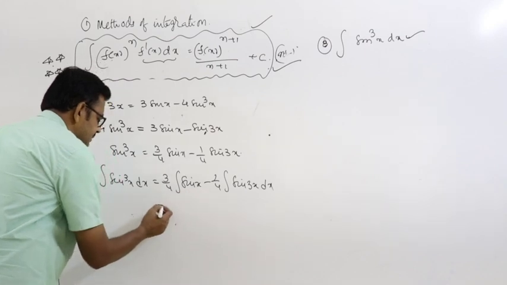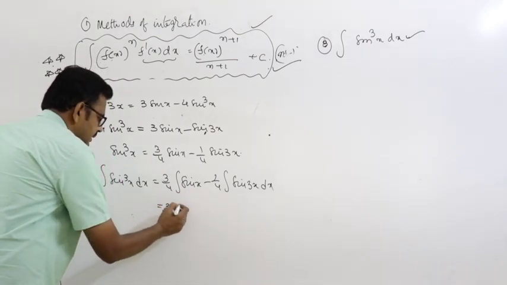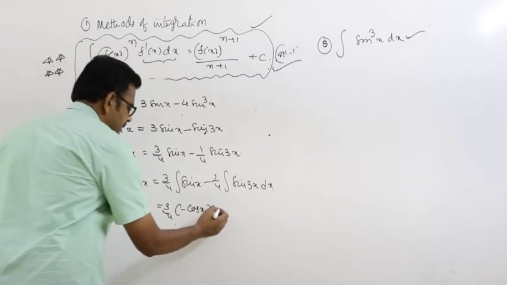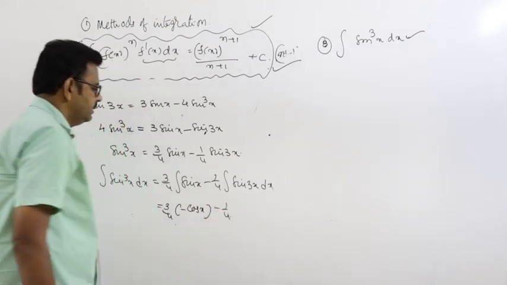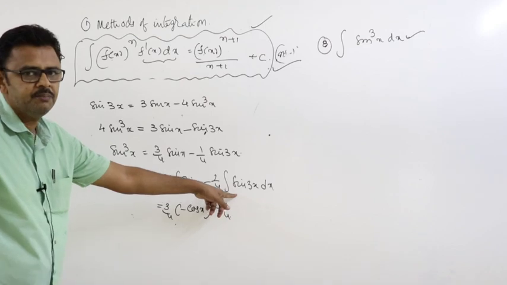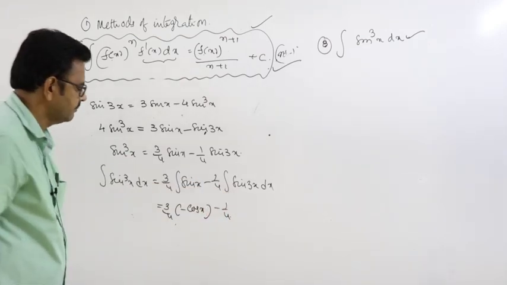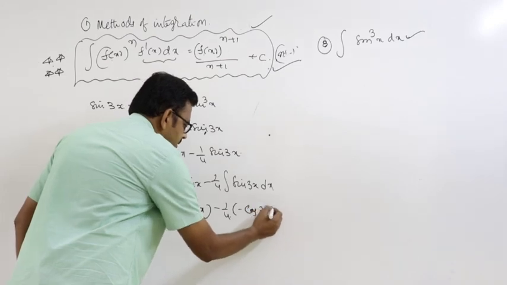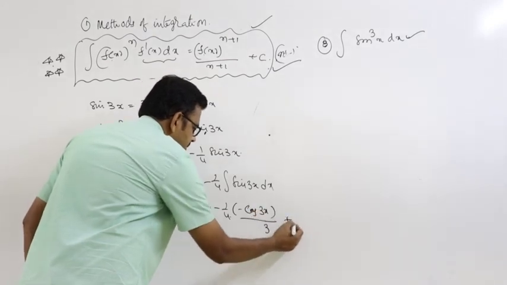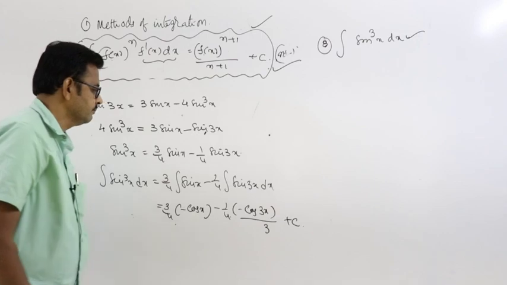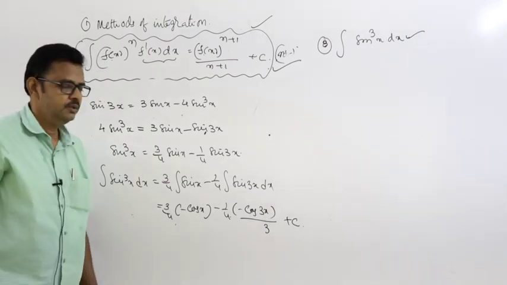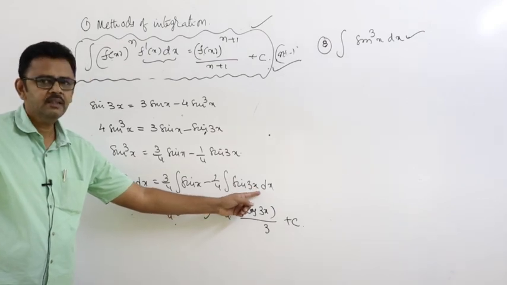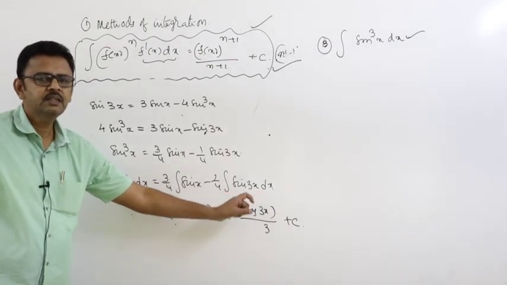Integral of sin x is minus cos x, minus 1 by 4 into integral of sin of ax plus b form. So this is minus cos 3x by its derivative 3 plus c. If you want the substitution method, put 3x equal to t again, so it is a little bit lengthy.